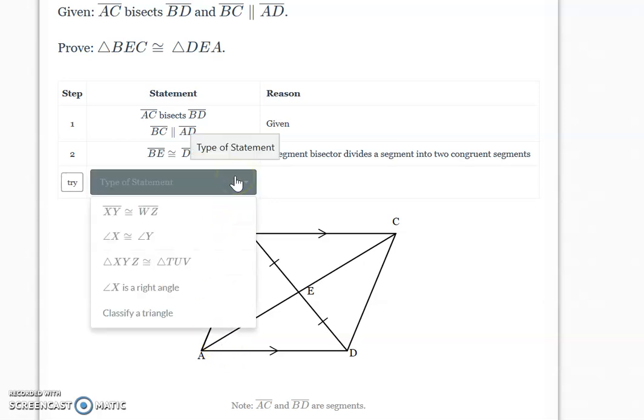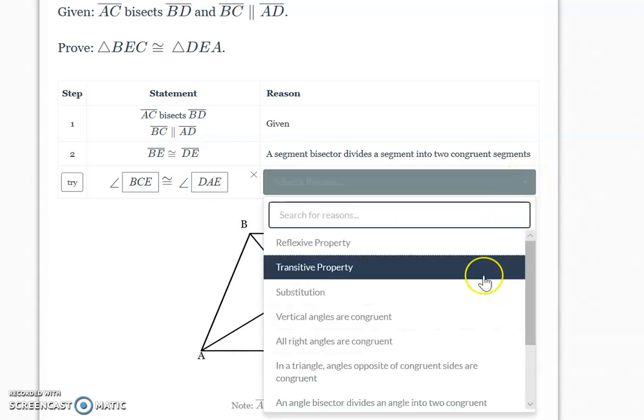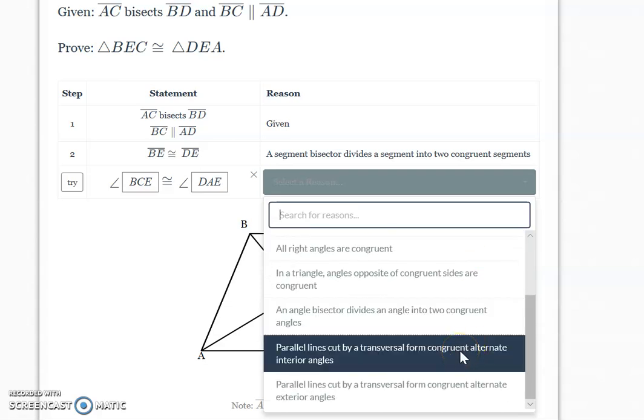So I want an angle congruent statement. Okay, so BCE is the angle, this angle right here is BCE, and it is alternate interior with this one, which is DAE. All right, so I want the one that talks about alternate interior angles.